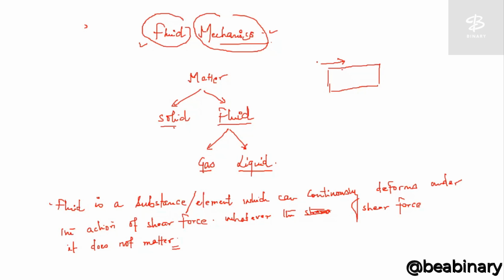So fluid can be further classified into two types, that is gas and liquid. In case of liquid and gas, there are two main differences. The first difference is that the intermolecular forces in liquid are more as compared to gas. The intermolecular forces in gases are very negligible, whereas in liquid they are more.